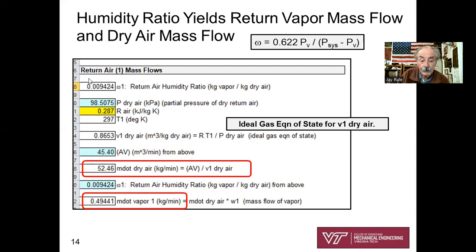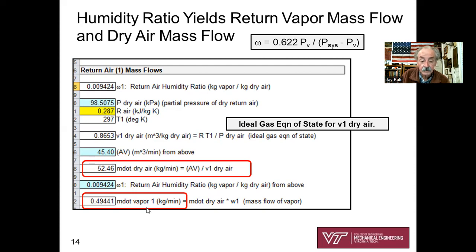That's the way we compute omega 1, the humidity ratio at state 1. So we've got m dot of the dry air, and we multiply it by the humidity ratio. We check our units. Yep, m dot of the vapor comes out to be 0.4944 kilograms per minute of vapor flowing into the air handler.